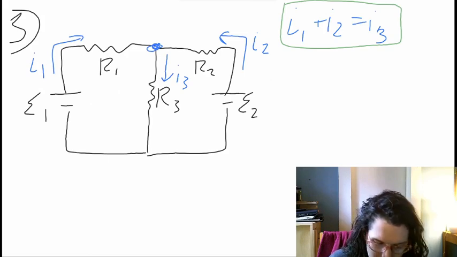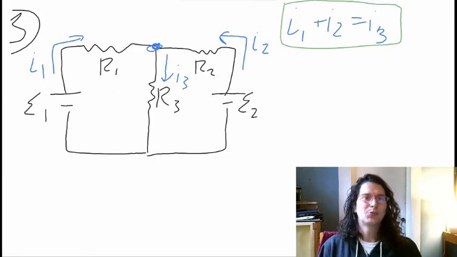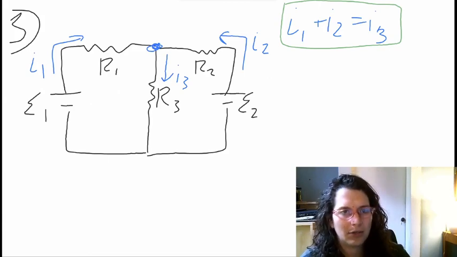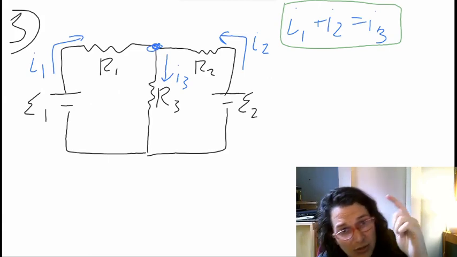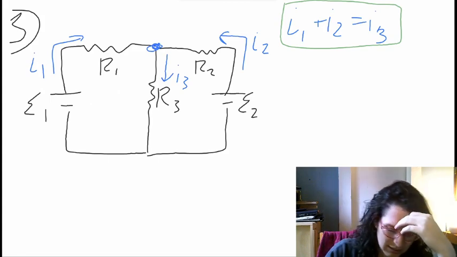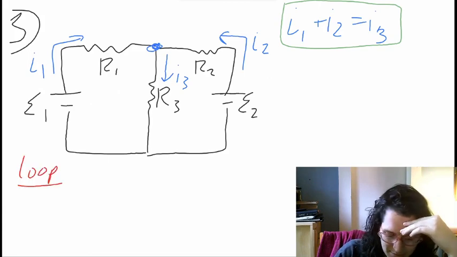And so now what we just need to do is our loop rule. Now, you can proceed with these loops in any way that you want to. Just remember our rule is that we have to do a complete loop. So you have to start and end where you started. So when we're doing the loop rule, you have to start and end at the same place.